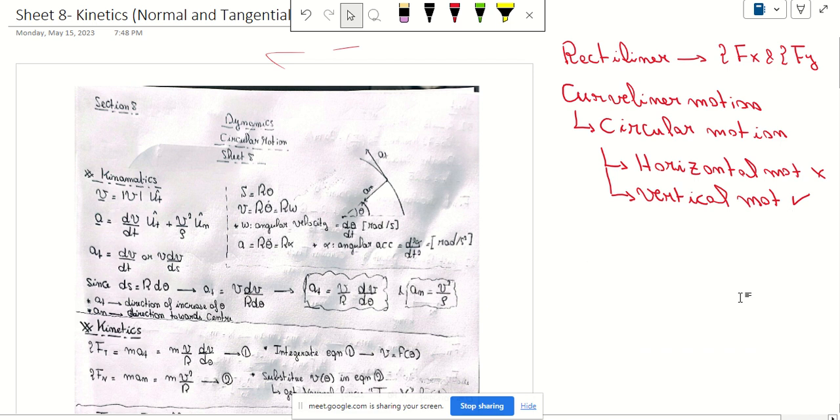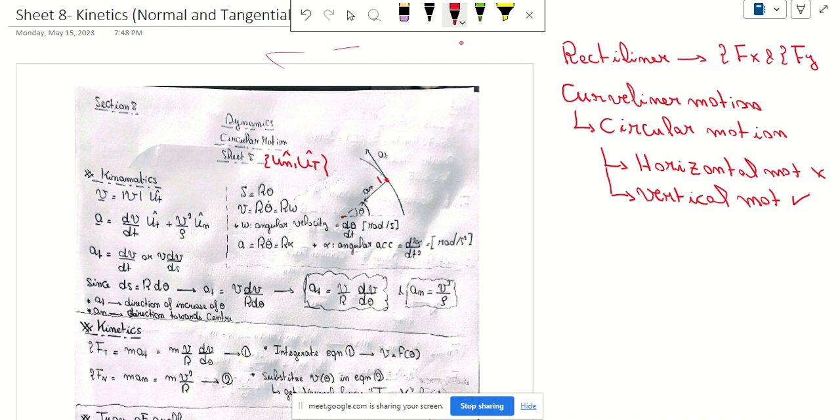So let's start from the basics. Remember, we're talking about un and ut. When we are moving along a circular path, we define two components. The first component, un, is from the particle, and its direction is towards the center of the circle.